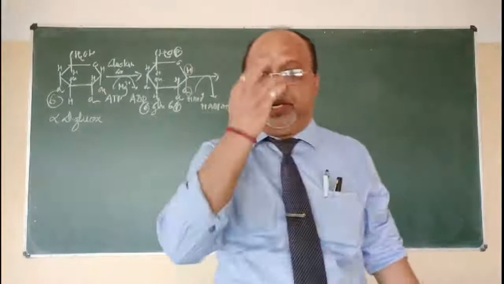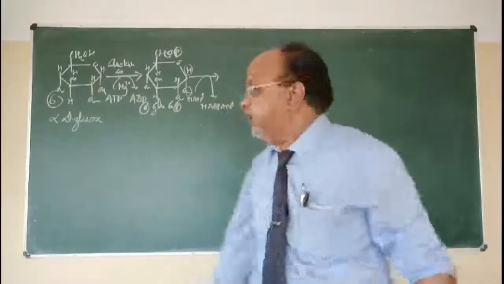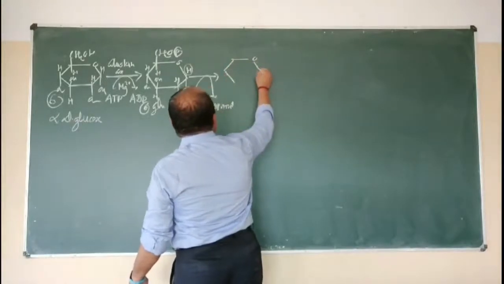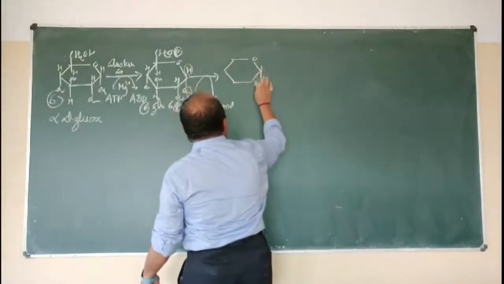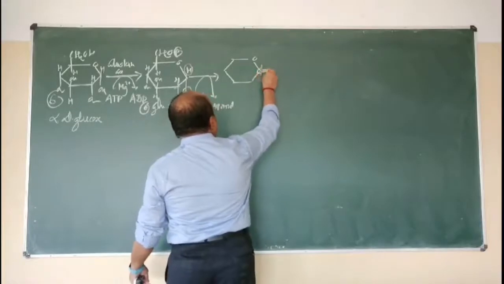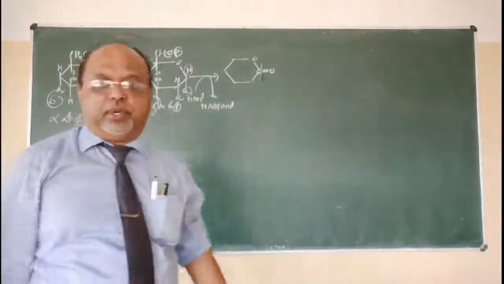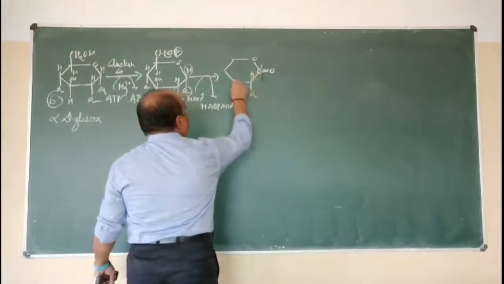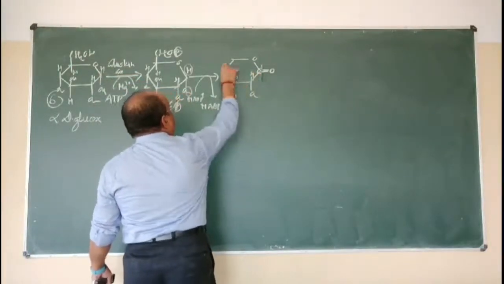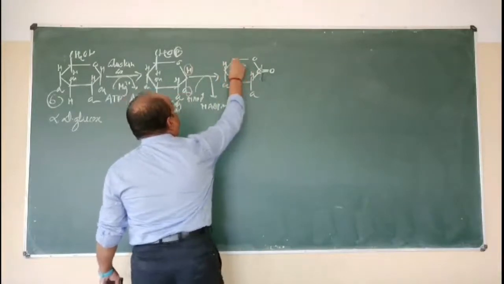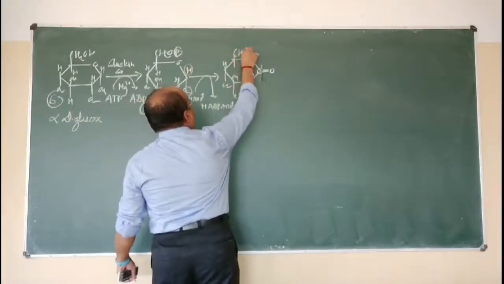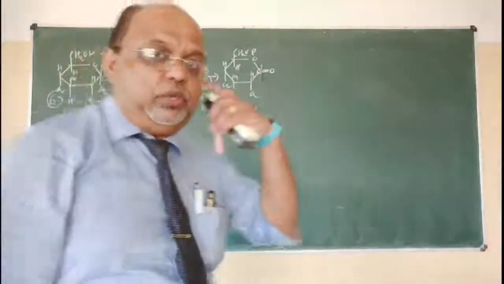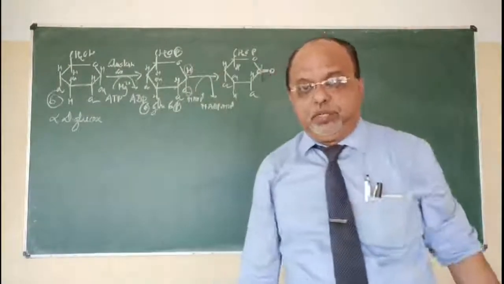These 2 hydrogen atoms are removed in the form of electrons, and the structure becomes like this. Due to the loss of 2 hydrogen atoms, there is a formation of C double bond O, and this becomes a lactone ring.